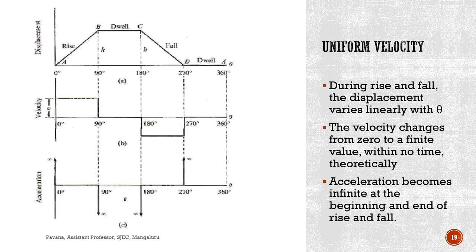You can see here 0 to 90 degrees, it is linearly increasing, whereas there is no acceleration at all. But the velocity is increasing very fast within no time, and acceleration becomes infinite at the beginning and end of the rise. You can see here, at the beginning it is infinite, at the end it is infinite.